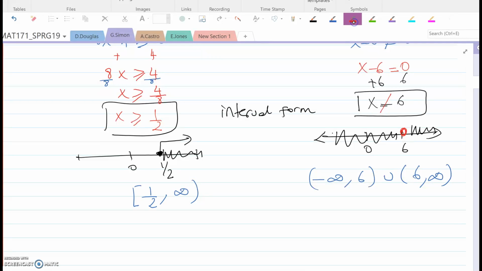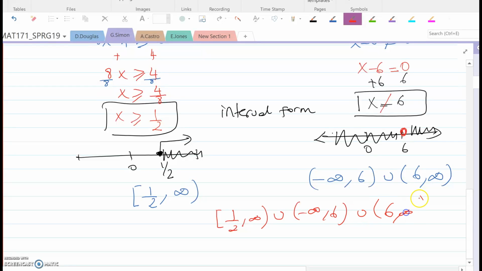It would not be right if you just put a union between them. Okay, it wouldn't be right, because we cannot take all this portion. We cannot have this, because it violates the situation here.